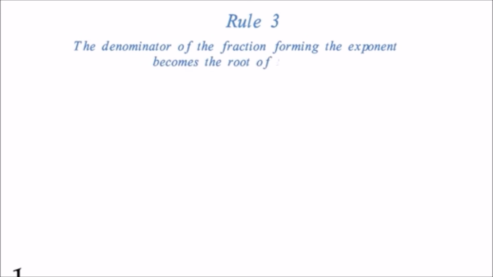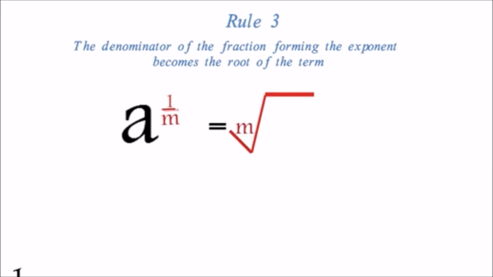Rule 3. Another important deduction is when the exponent is a fraction. The denominator of the fraction forming the exponent becomes the root of the term. The rule is a exponent 1 over m equals the m-th root of a.